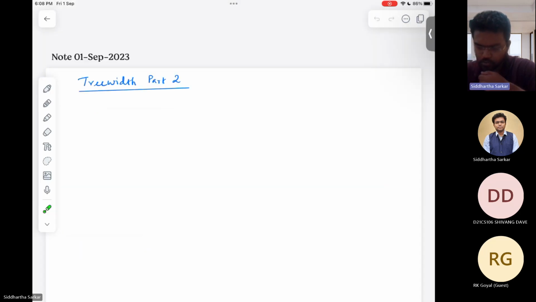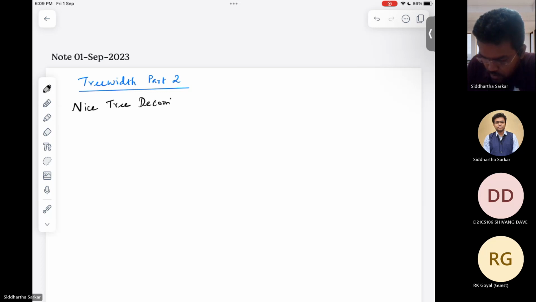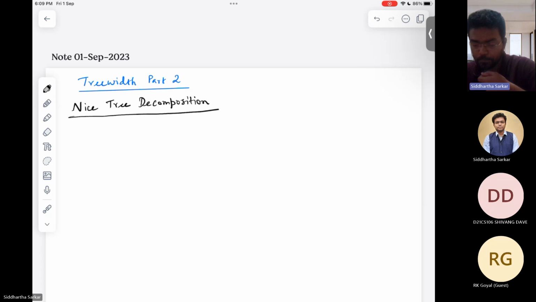In this session, we will define some more terms. For example, we will look at something called a nice tree decomposition. At the outset, I would like to emphasize that this nice tree decomposition definition is designed such that it helps us in designing efficient algorithms for different problems.